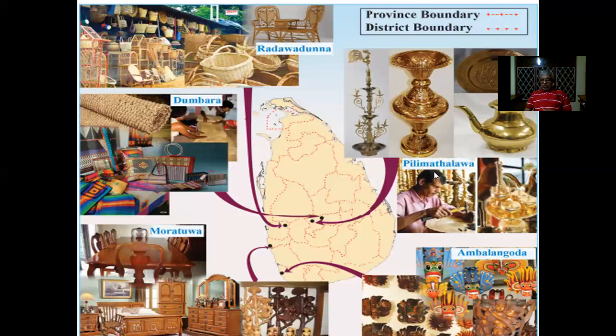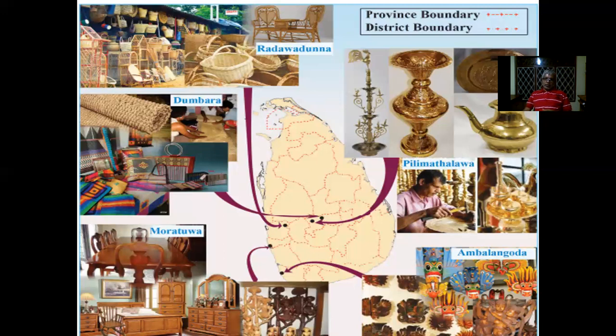Those who engage in these industries we call artisans, making that kind of item. They are the things given to you through this picture. This picture can be found in your textbook also. You refer to that one and be familiar with them, especially with the location where they are located.